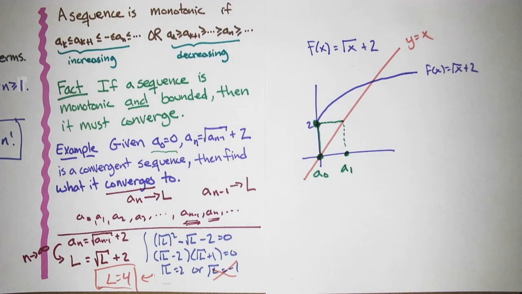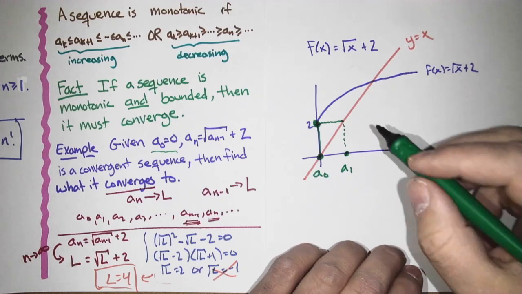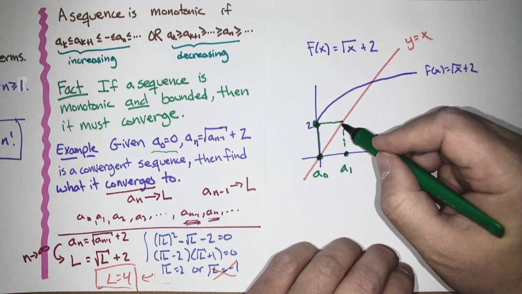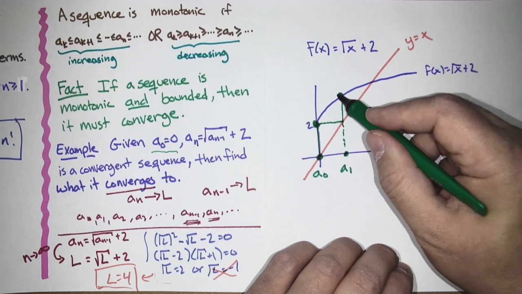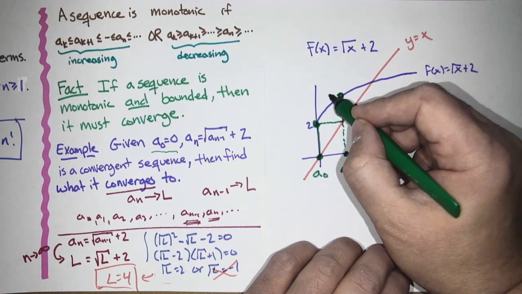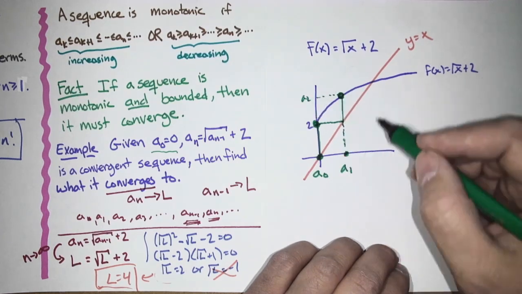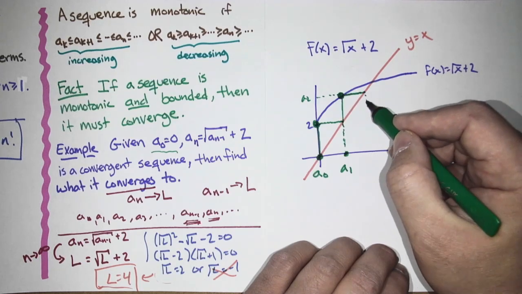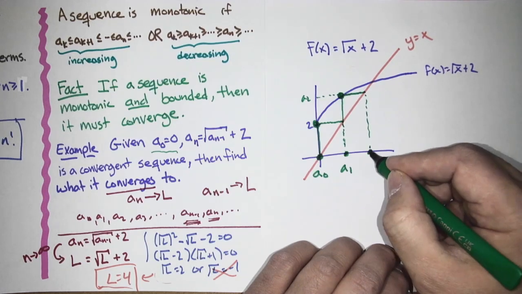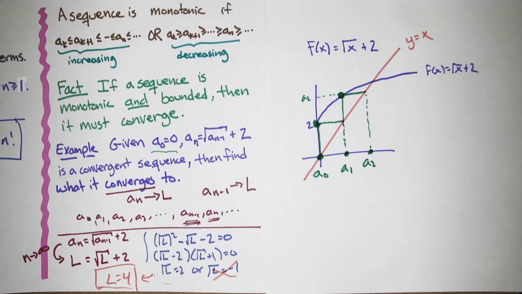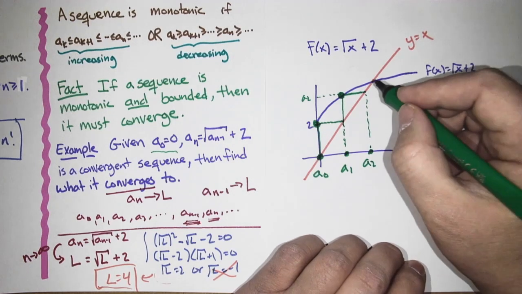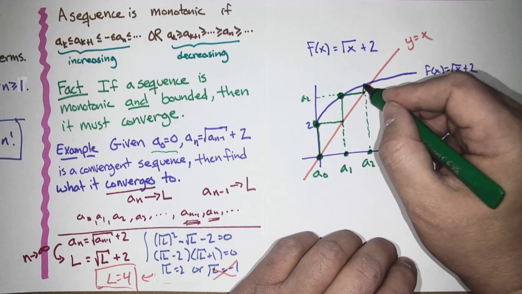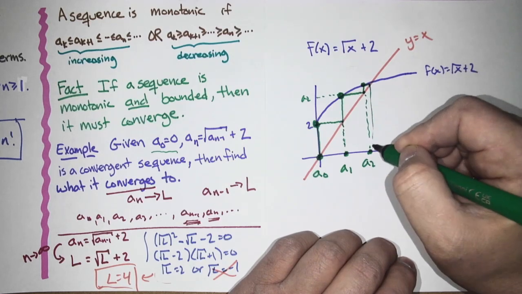Now how would I get a2? Move up to the curve. Whatever that value is here, that's your a2. But I want to get it downstairs, so I move across and I go down. There's a2. Now how do I get a3? Curve from a2. I go up, across, down.